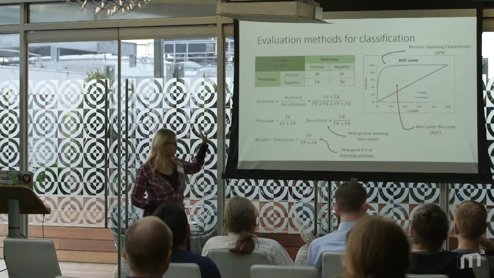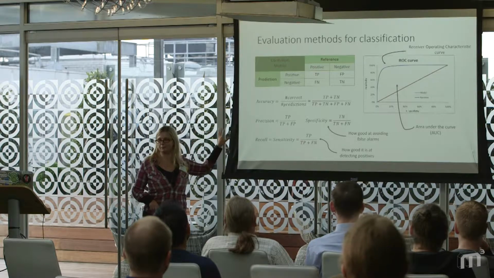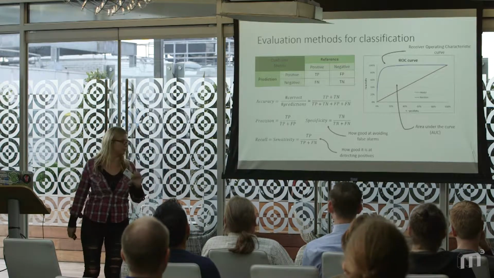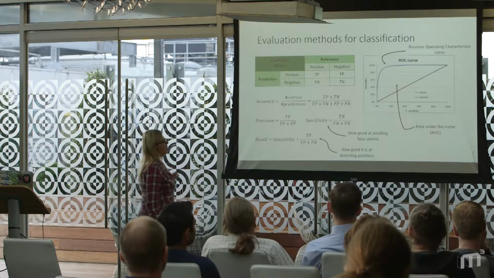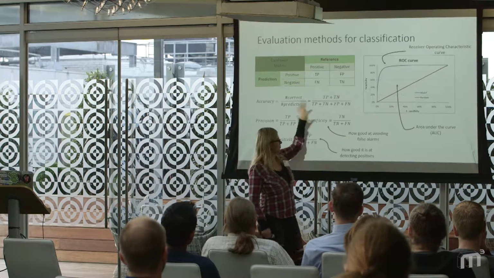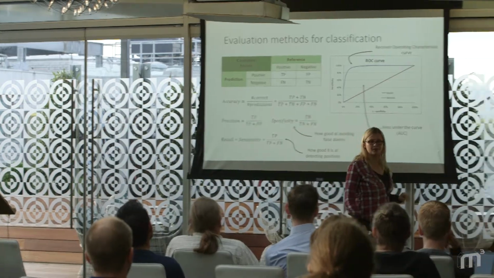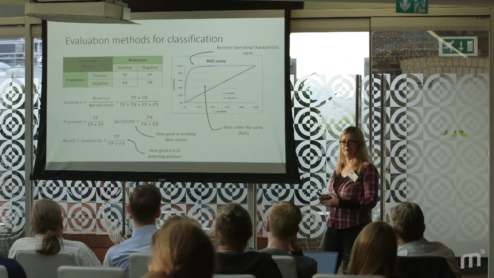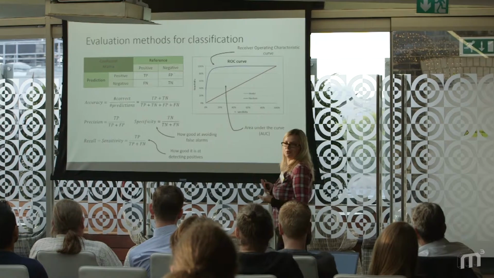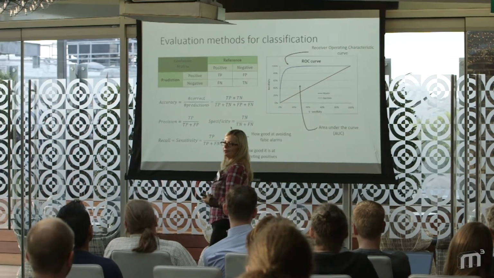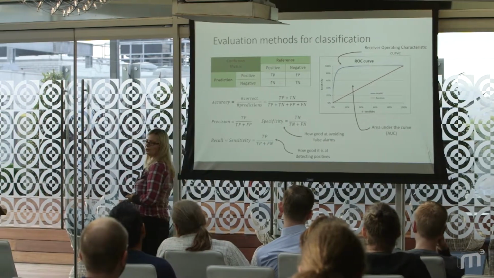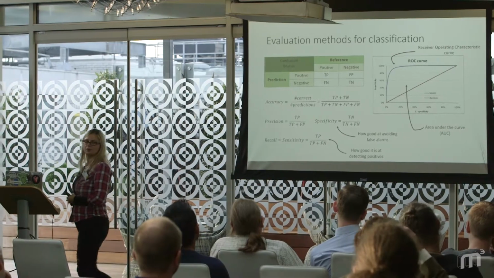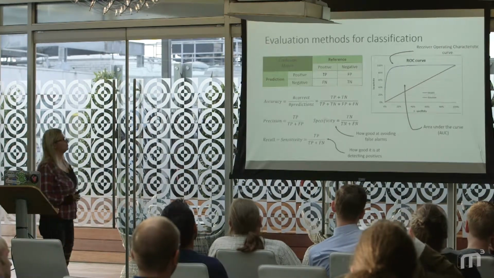It's just counting, dividing, adding, nothing really scary. So we have stuff like accuracy. Accuracy is how many times we were right divided by the number of examples. So we can say we have 90% accuracy, or our algorithm was accurate 90% of the time. And what does it mean?